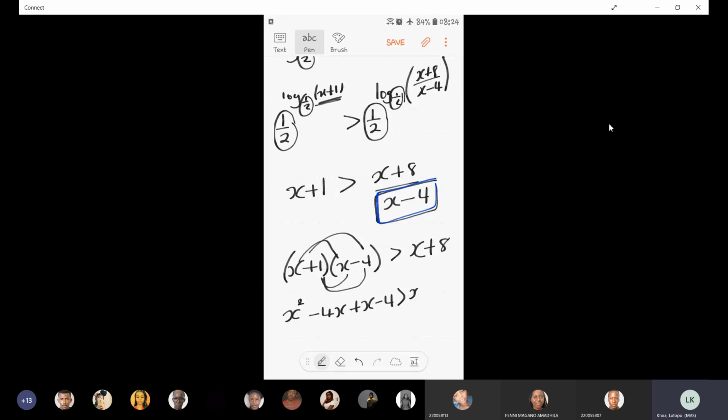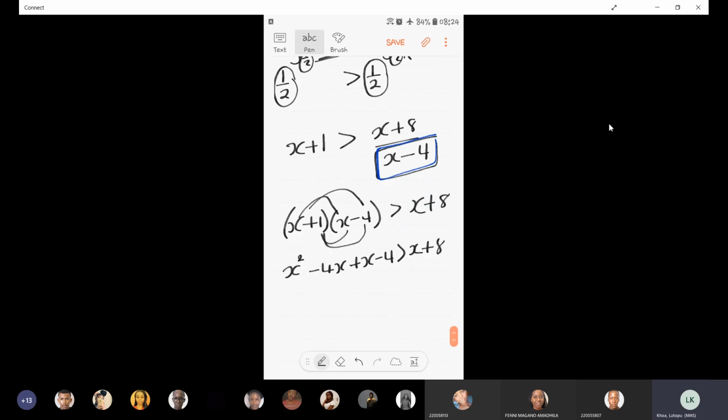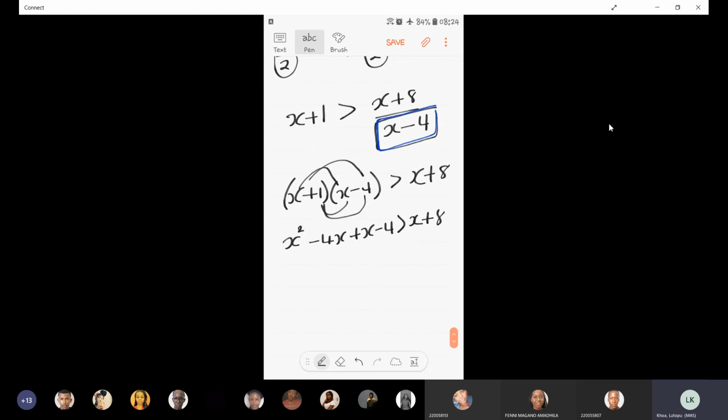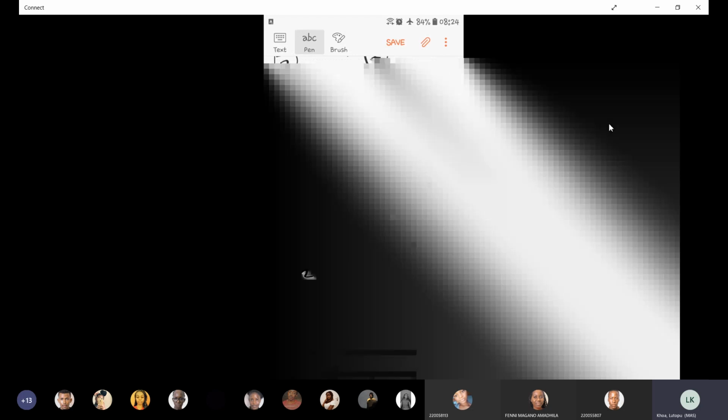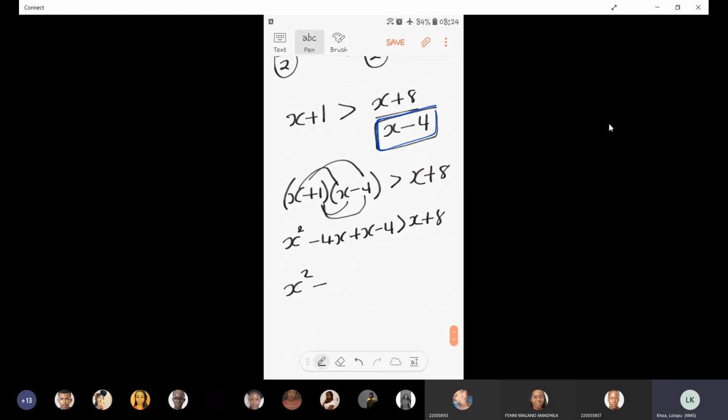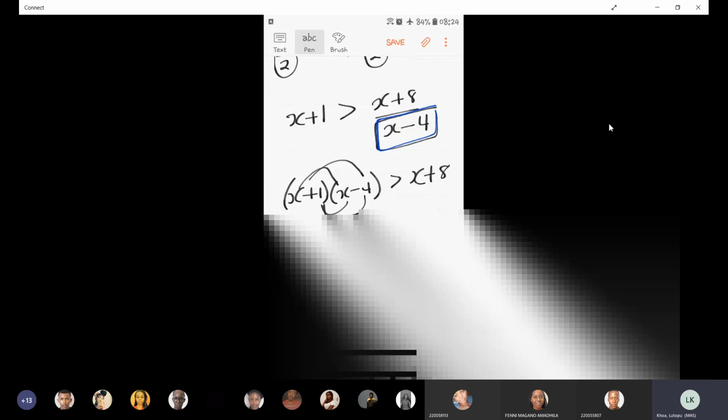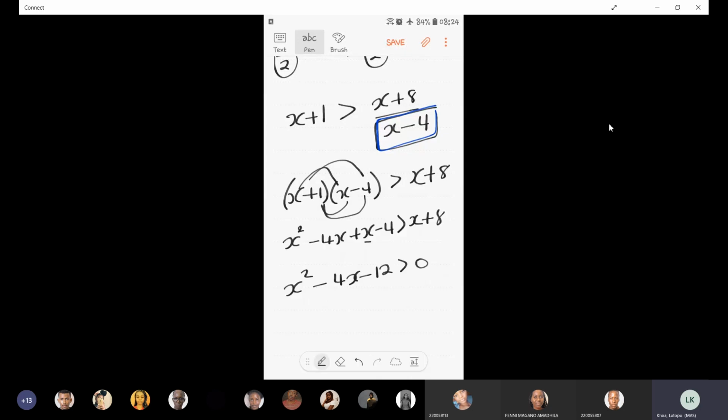This is greater than x plus 8. And then collect everything on one side, 0 on the other side. Okay, so that is what you have. You subtract x on both sides, then this x will be gone. You subtract 8 on both sides, that's where I get the minus 12 from.